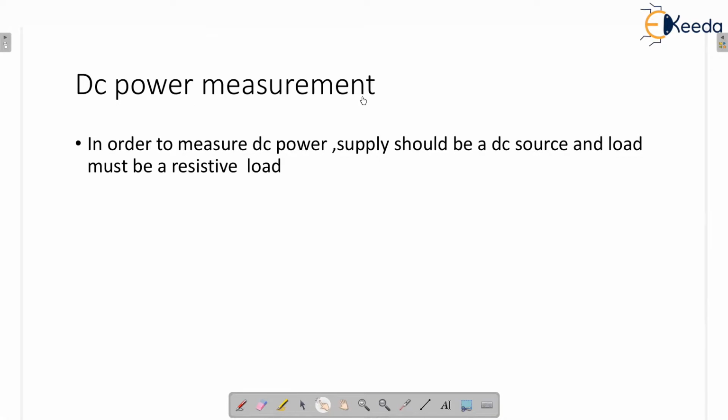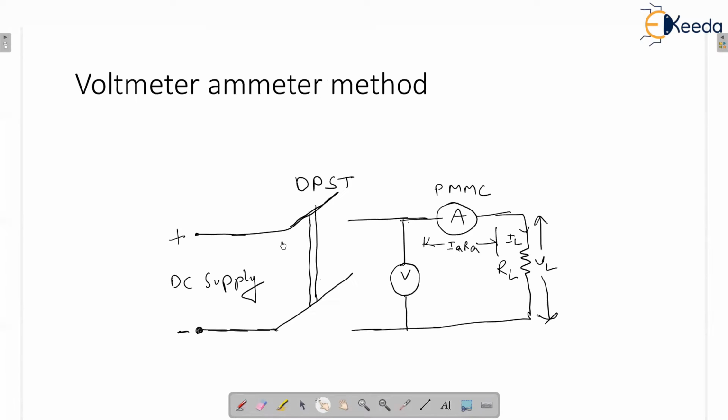In order to measure DC power, supply should be a DC source and load must be a resistive load. And why have I named it the voltmeter ammeter method?